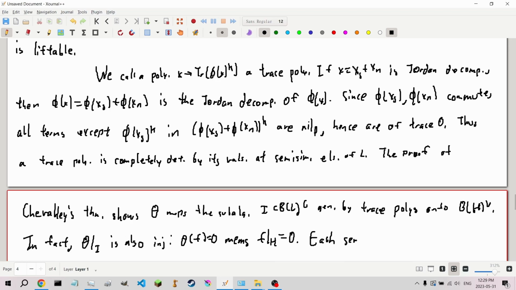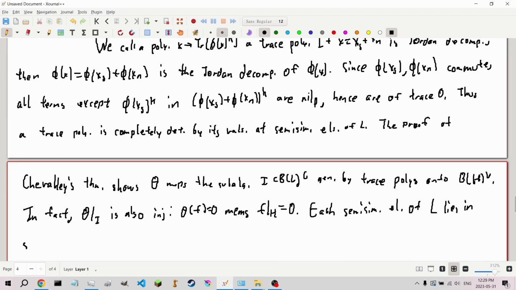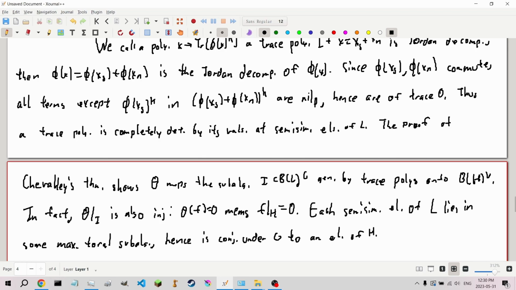Each semi-simple element of L lies in some maximal toral subalgebra, hence, by a previous result, is conjugate under G to an element of H. And this is showing this.